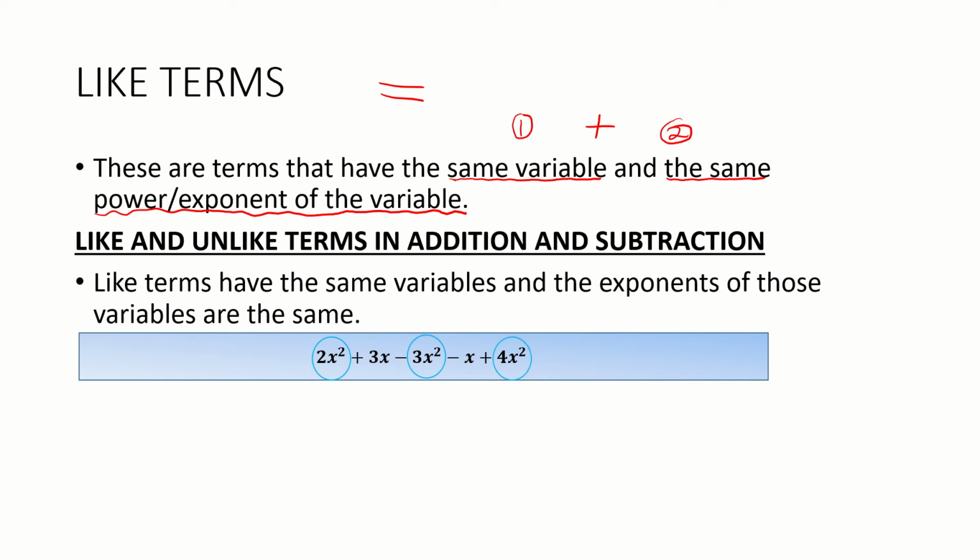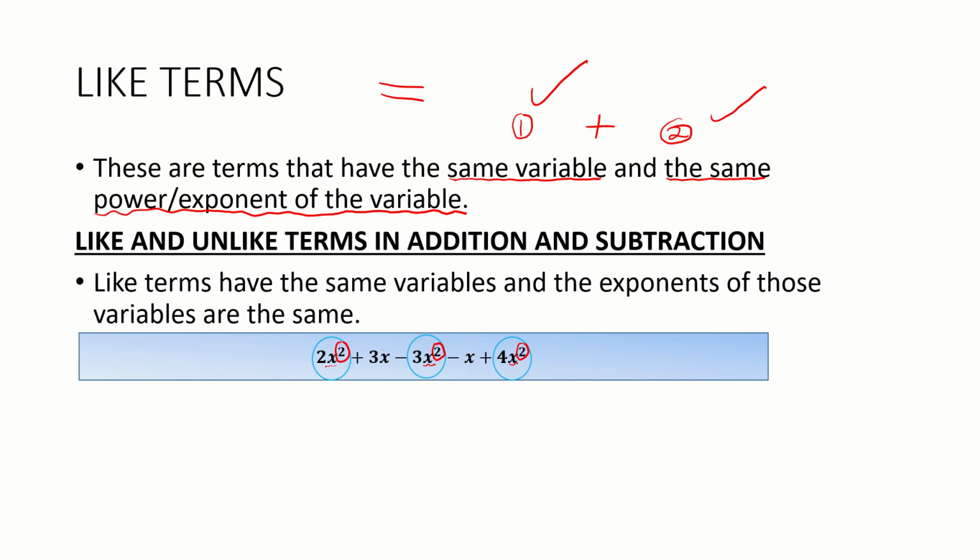What makes these terms to be like terms? They share the same variable, so they meet requirement number one. And the exponents of those variables are also the same.